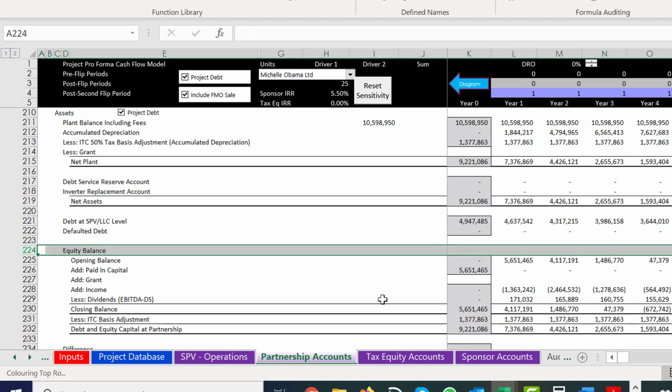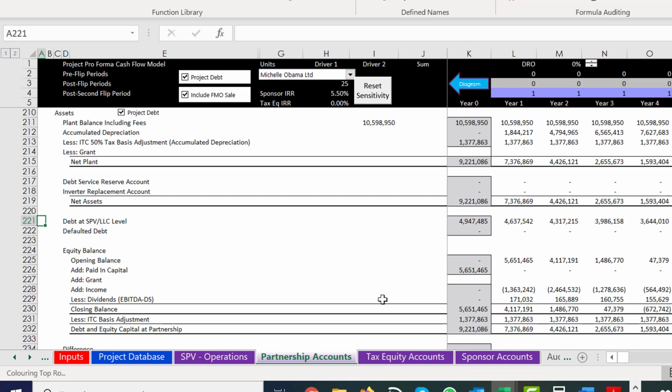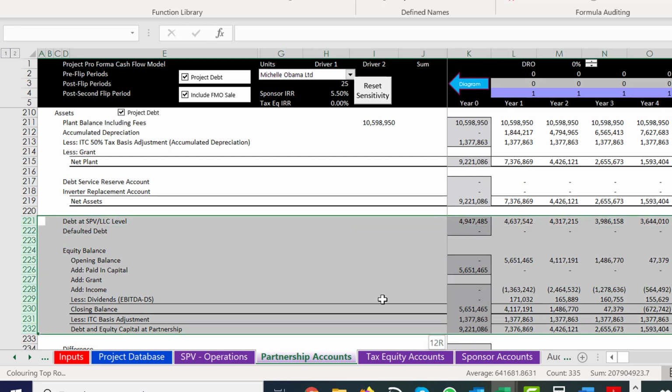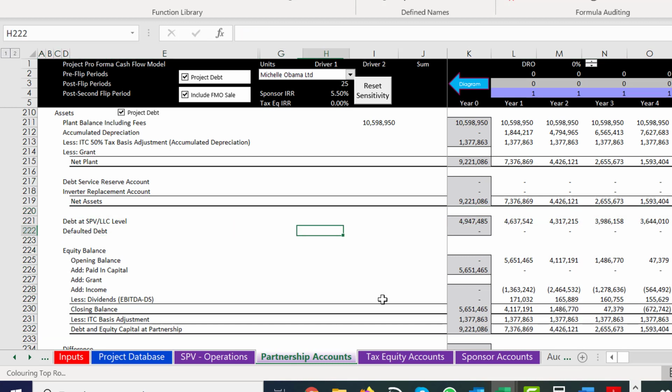This equity account, or whether we include the debt or not, is another really big issue. We're going to put that same sort of account in. We'll call it the net assets, really, or the net capital. That includes equity and debt capital, because you get to share the liabilities. You get to put that in your capital account. That's why the IRR is affected by the project debt. I did that way too quickly. That was a bad thing.